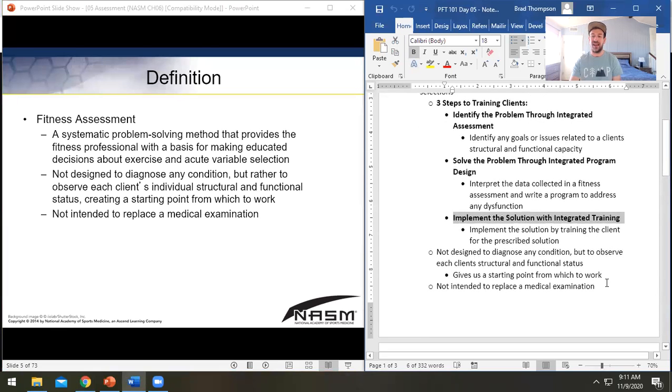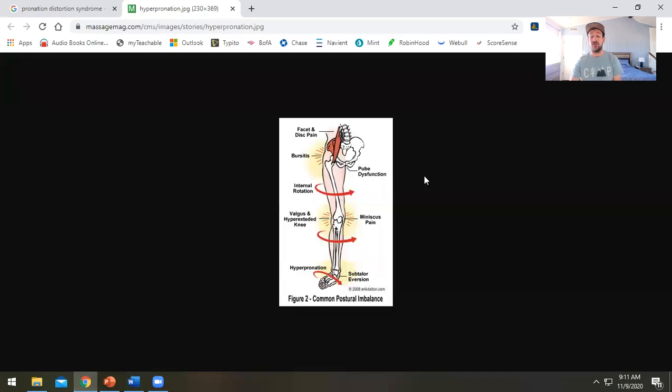You figured out how to write a program, you wrote the program, now you're going to go train your client. So step 3 is implementing the solution that you came up with in step 2. You're going to actually train your client. So now it involves taking that program to the gym, working with your client however many days per week, and actually fixing this posture problem until it's gone.